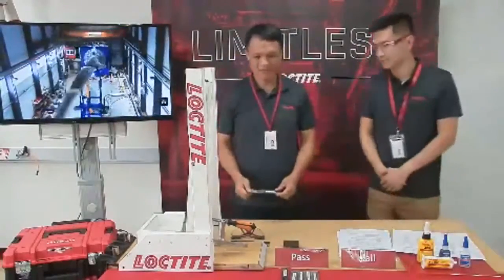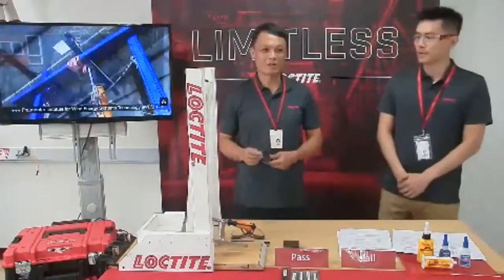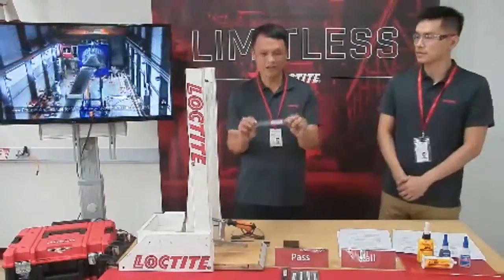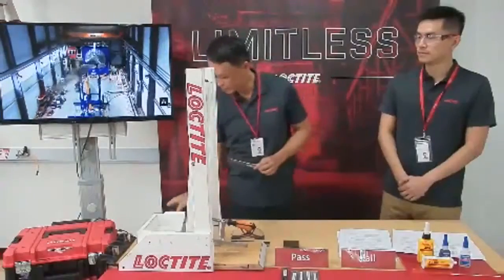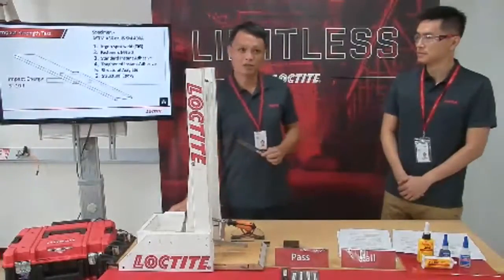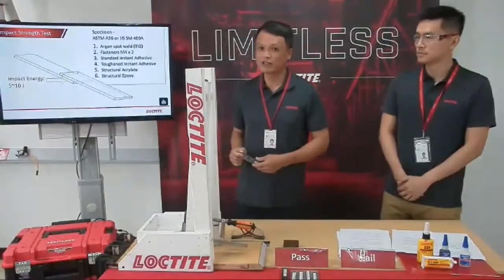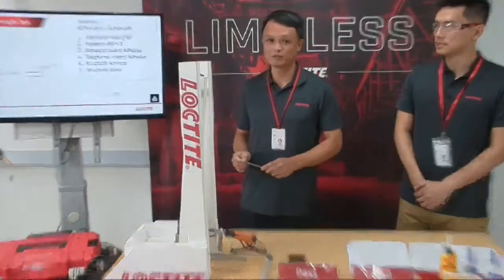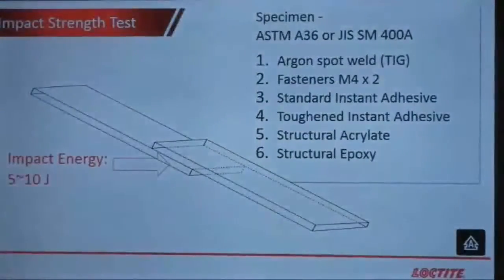So before we start, let me explain. The specimen we use today is carbon steel. This is carbon steel A36, or equivalent to JIS 400A series steel. We will start from the specimen joined by welding. Please give me a snapshot of the welded specimen here.